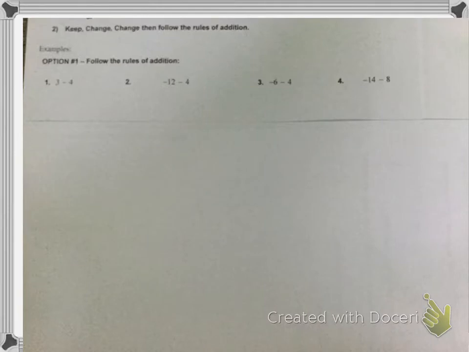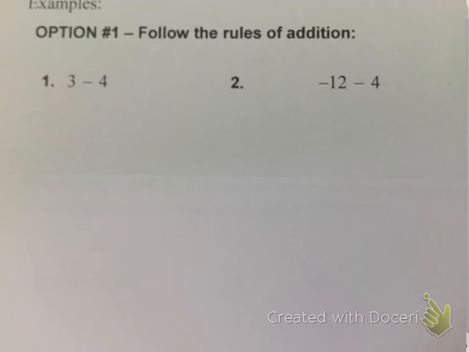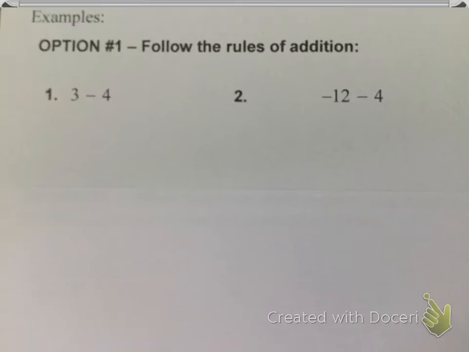You have 3 minus 4 as the first one. For 3 minus 4, we're going to identify: is the number 3 in problem number 1 a positive number or a negative number? Well, 3 is a positive number, so we're going to think of that as positive.